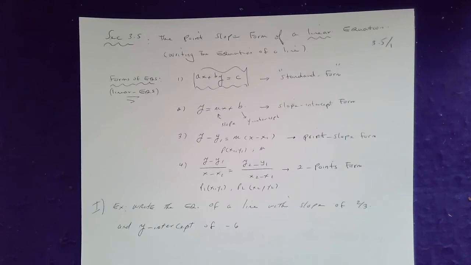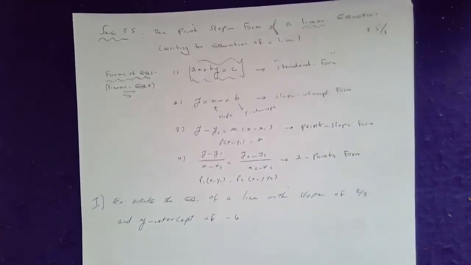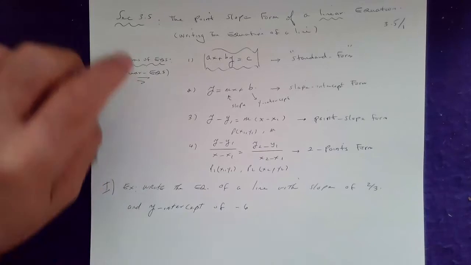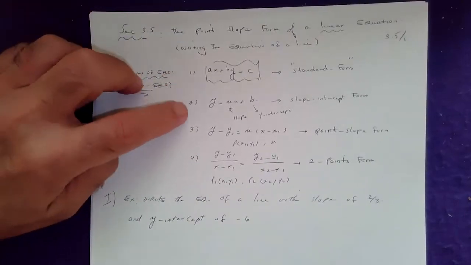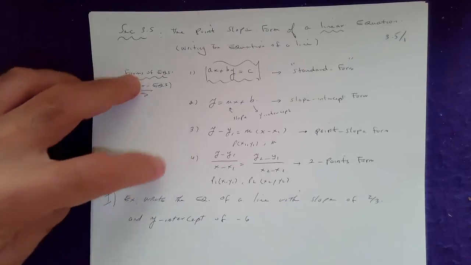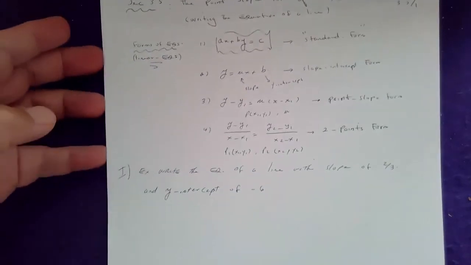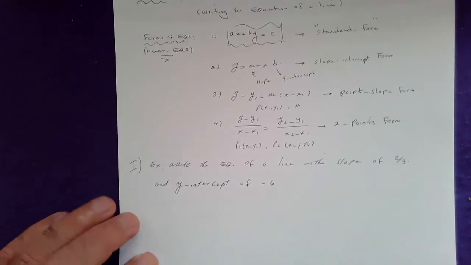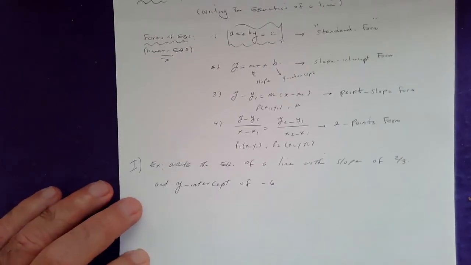That's basically what this section is all about, writing the equation of a line based on the type of information you are given. The question arises sometimes, how do I know which equation to use? Well, it all depends on the type of information you are given in the problem. So I'm going to go through all these cases.